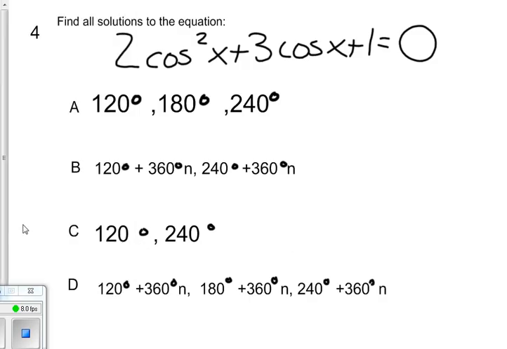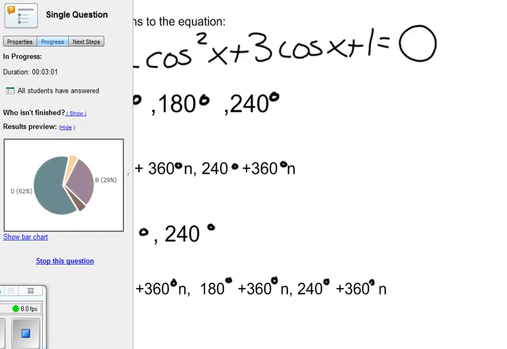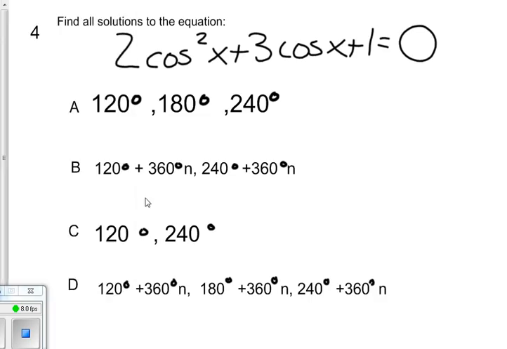So this one was a little bit of a struggle. So 62%. So right away I could eliminate this because it's not all solutions, and then this. But let's figure out how we would do this. What do I need to do first? Factor.